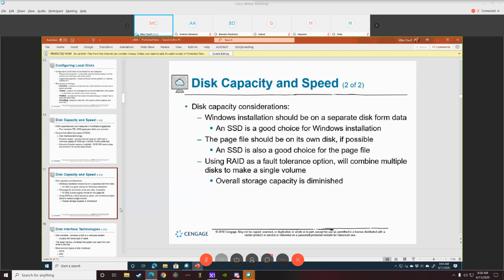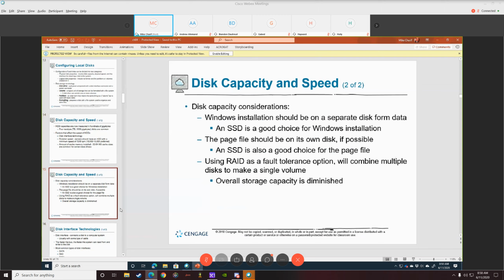Windows installation should be on a separate disk from data. That's what we talked about. You don't mix oranges with apples and bananas. It's a good idea, for performance reasons and for data recovery reasons, to separate your files.